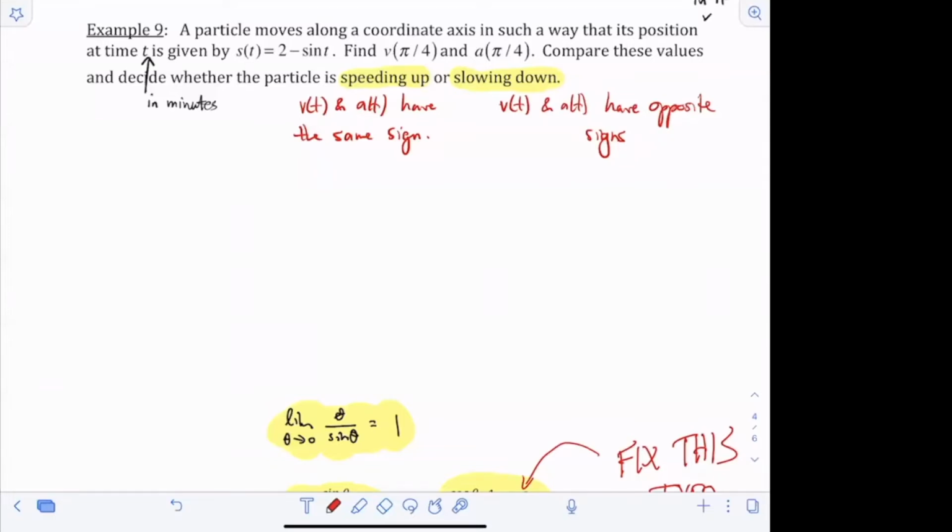So you're still going this way, but the rate of change of your velocity is getting smaller and smaller and smaller. By definition, that should mean you're slowing down. So maybe you're going fast and then you slow down like that. Okay. So we're really comparing the signs of those two at a particular point in order to see whether it's speeding up at that point or it's slowing down at that point.